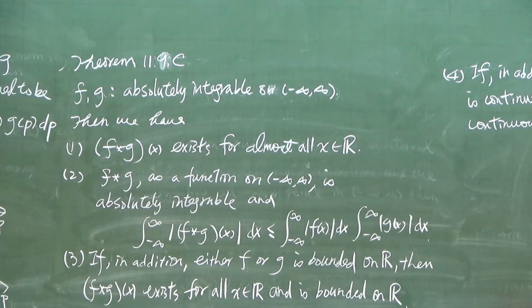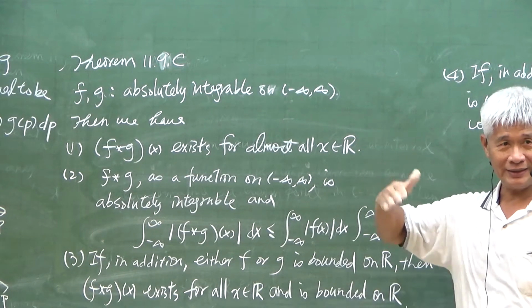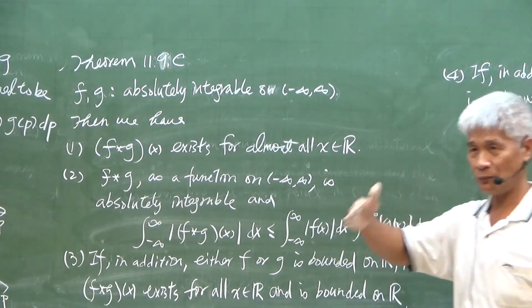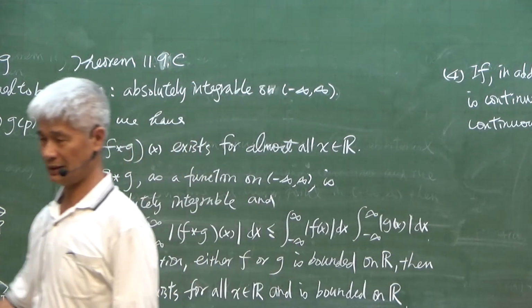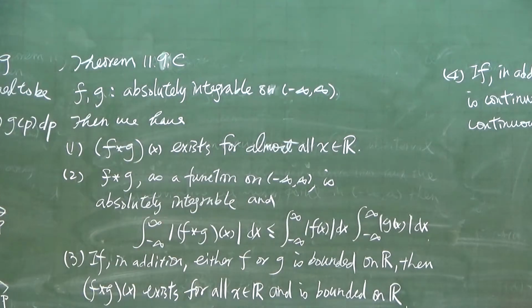You add more and more conditions one by one, and you get more and more good properties about the convolution.